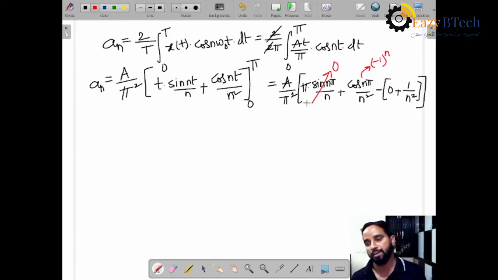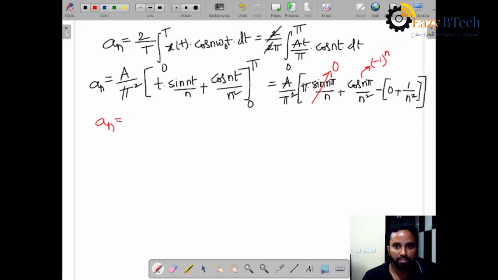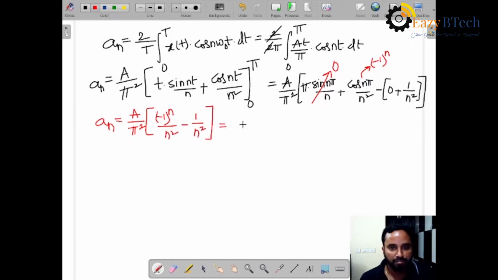Let's take those values. So a_n is equal to a by pi square, minus 1 power n divided by n square, and here minus 1 by n square. So we can take n square common: a by pi square n square, minus 1 power n minus 1.